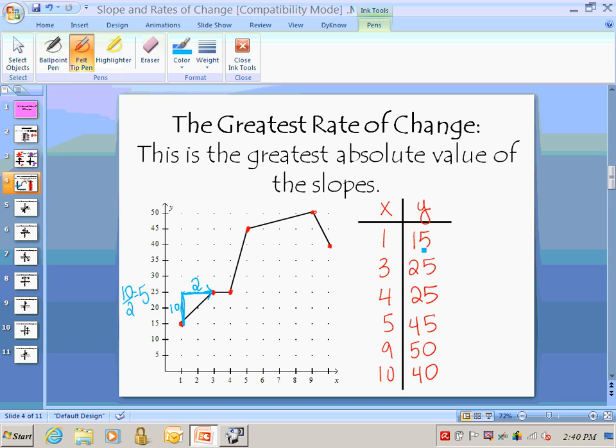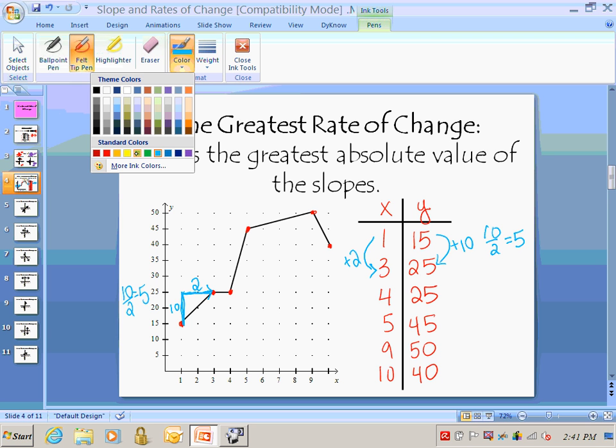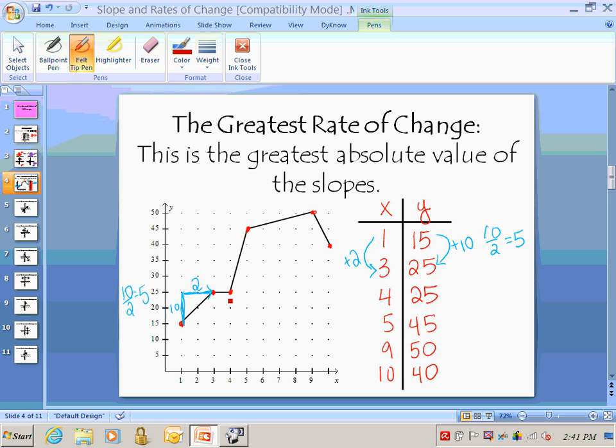Now to show you how it works over here, from 1 to 3, I'm going up 2. From 15 to 25, I'm going up 10. So my y over x will be 10 over 2, which reduces to 5. Okay, the next one, I'm going from this point to this point.